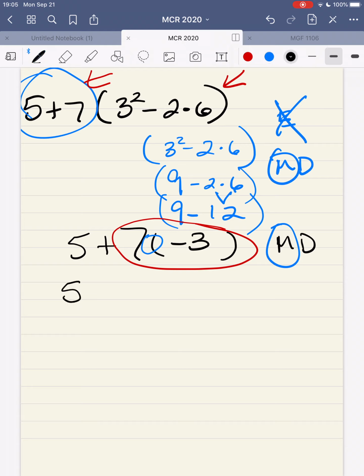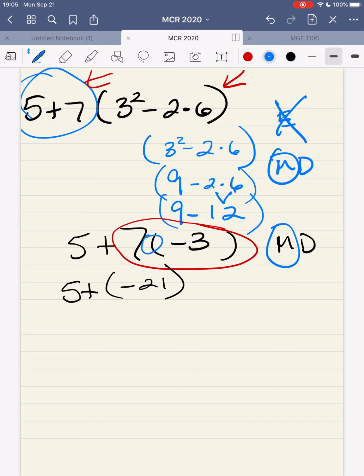So my 5 and my plus just stays here, and I have my 7 times my -3, which is -21. It's okay. Just go with what's there, and relax and don't worry about it. Now for my set of integers, I have 5 plus -21.